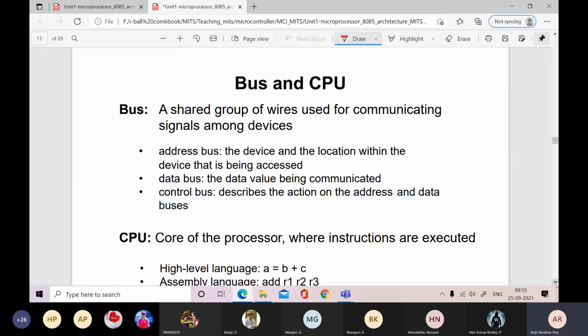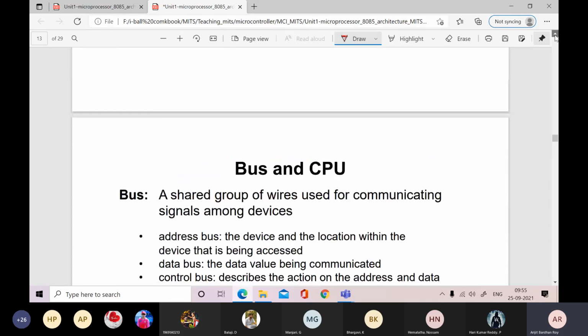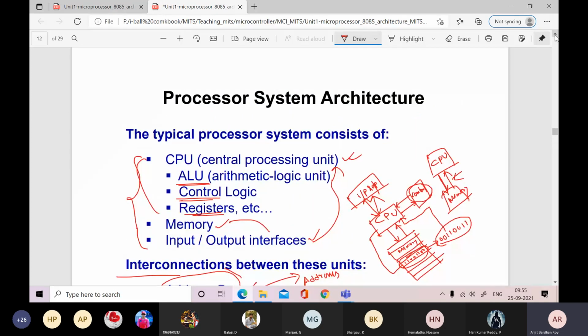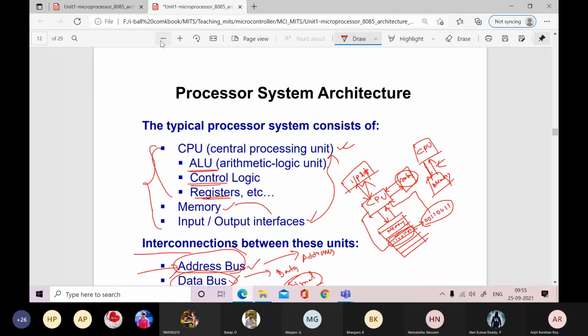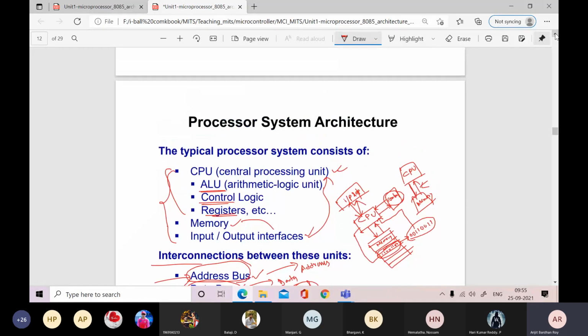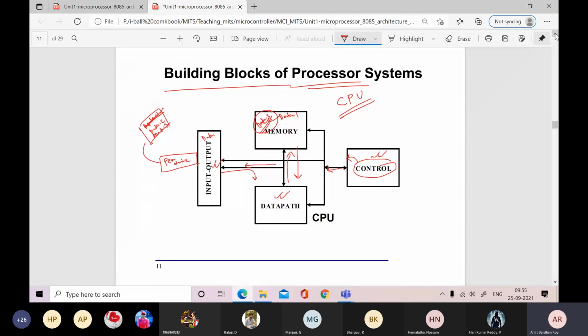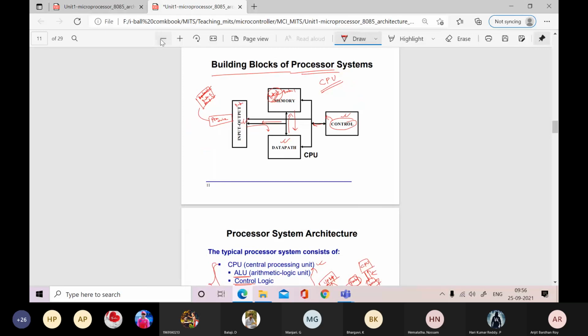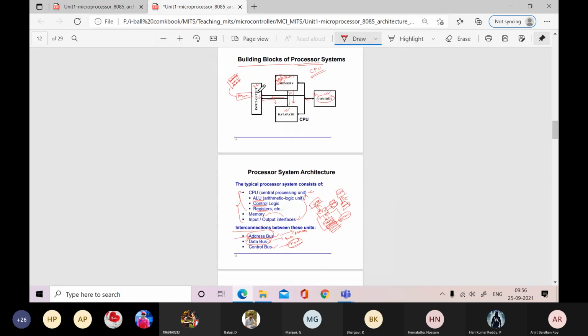Okay, so, students, one thing you have to do. I am not able to give you the notes now. This PPT I am not able to share because the Moodle is not activated still now. So you just draw this block diagram, and also write up the processor system architecture.